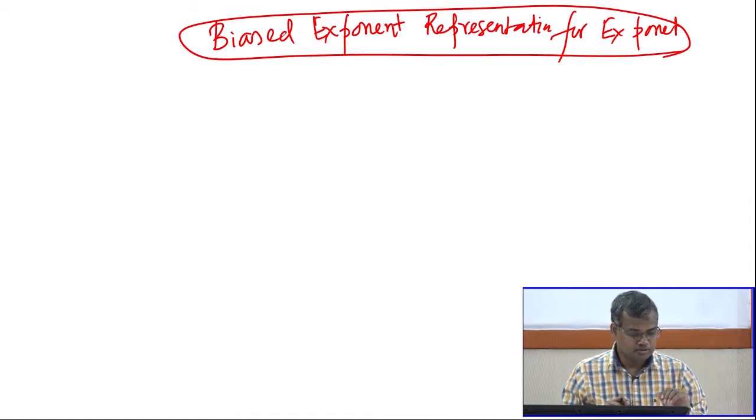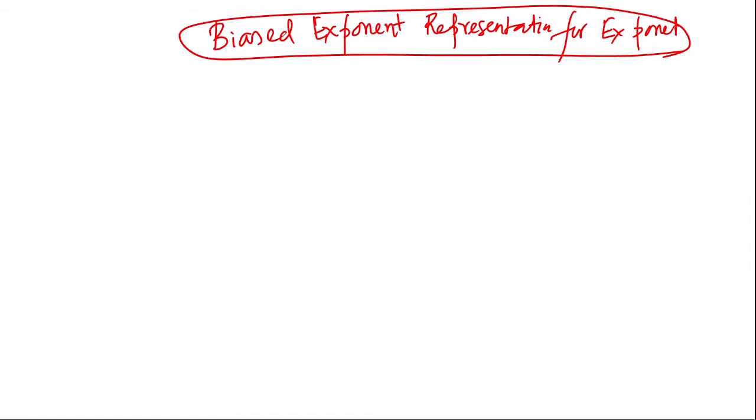Now, having this concept, next we will learn how the number is actually represented in a computer system. There is a standard called the IEEE 754 format.